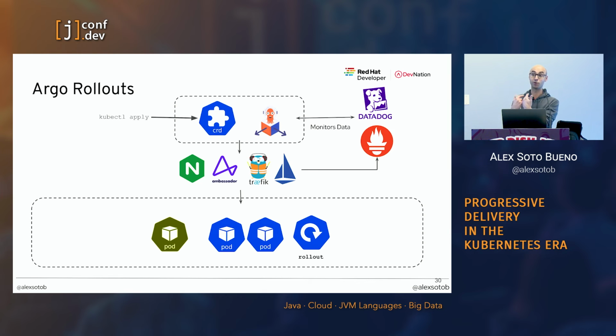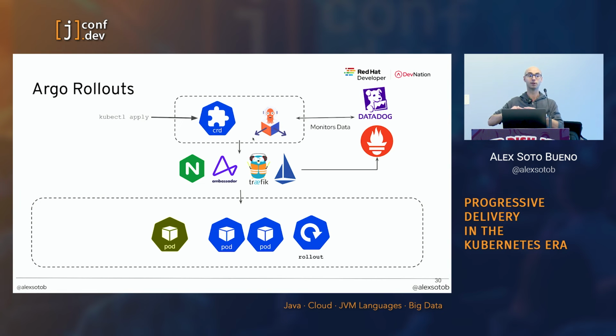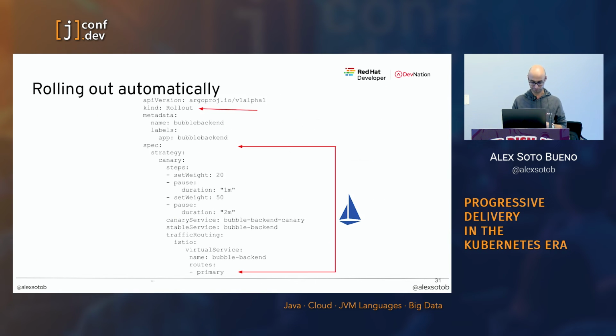You can configure it to read this data from the monitoring tools and decide if it should continue, increase the traffic percentage, or roll back. You can do it manually, or you can leverage Argo Rollouts to monitor the application automatically and decide if the delivery should proceed or not.